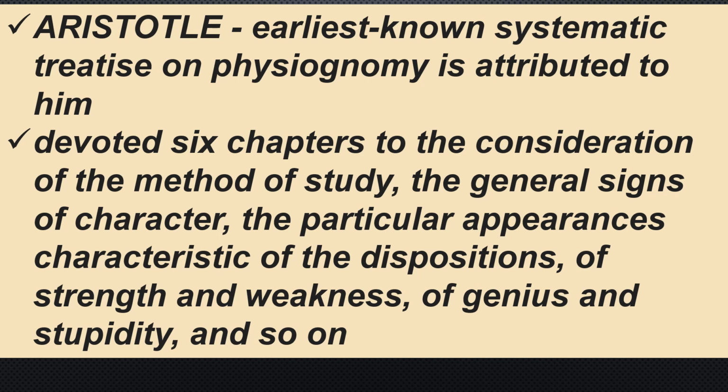And then eventually, he talked about the particular appearance, characteristics of the dispositions, as well as the strengths and weaknesses of genius and stupidity. So yun ang sinasabi niya na makikita mo whether this man is strong or weak, madaling lokohin, matalino or stupid. Yun ang sabi ni Aristotle.